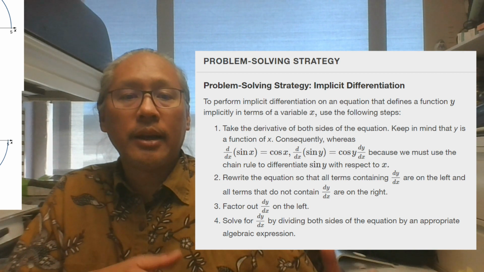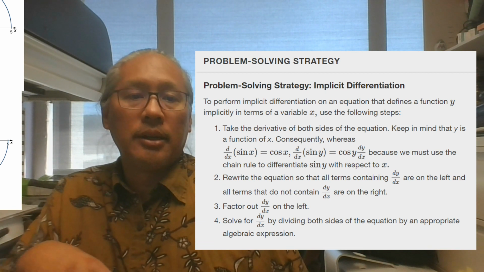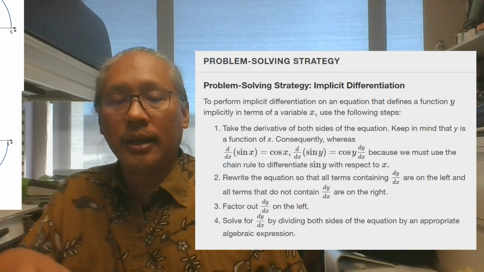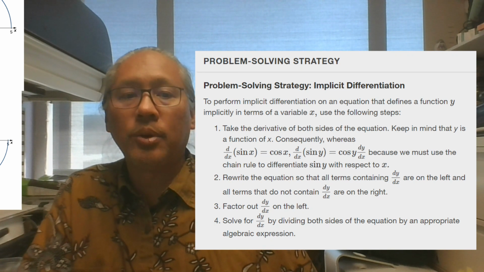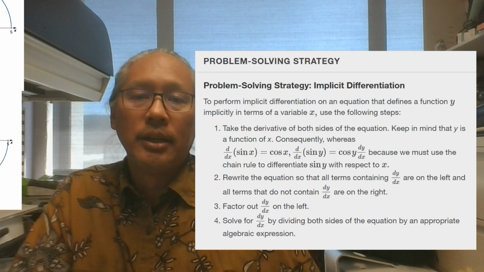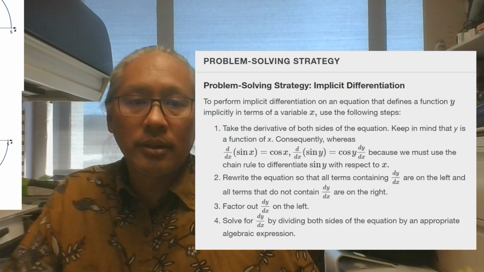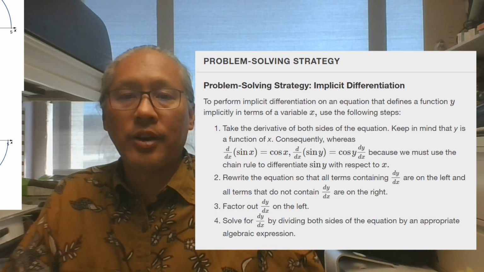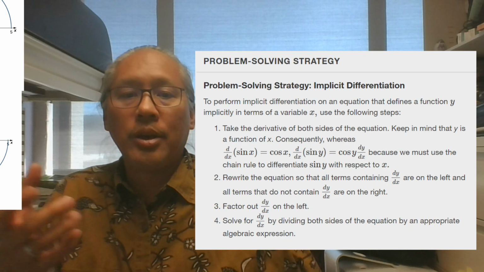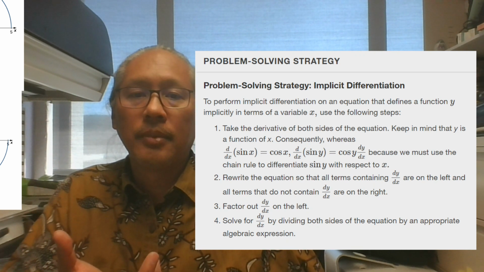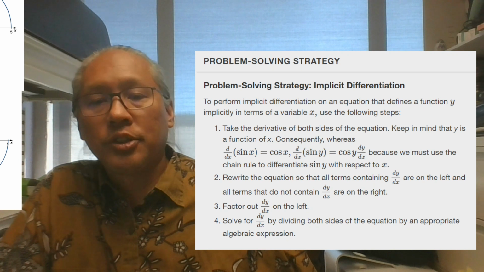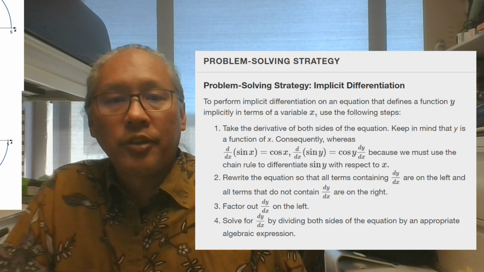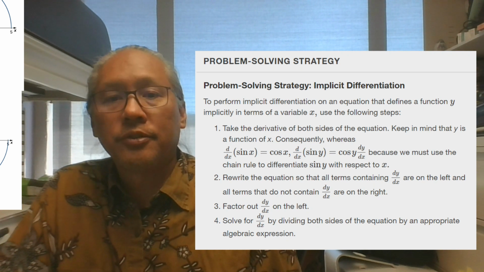We're going to collect that all on one side, say put it on the left side, and then all the other terms that don't have dy dx you can put on the right side. And then on the left side you factor out the dy dx's, and then you divide out by what you've factored out, and so you have dy dx by itself. So that's a general problem solving strategy for finding dy dx using implicit differentiation.